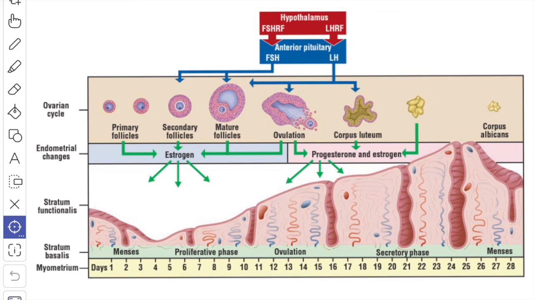Towards the end of the secretory phase, the sudden regression of the endometrium takes place due to the diminished concentration of the progesterone in the circulating blood subsequent to the degeneration of the corpus luteum. The endometrial regression precedes the menstrual bleeding, hence this part is also known as the premenstrual phase.